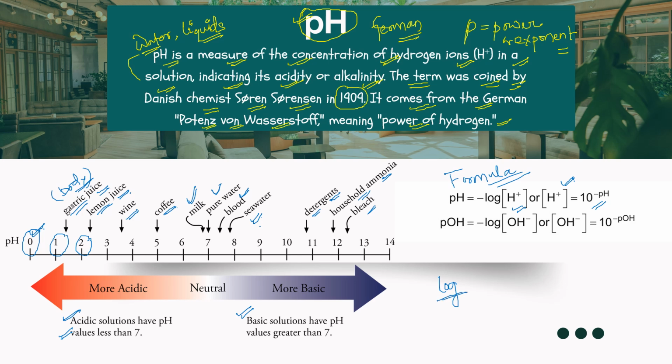A logarithmic scale: if we say log base A of B equals C, where A is the base, then A to the power C equals B. It is simply like this.